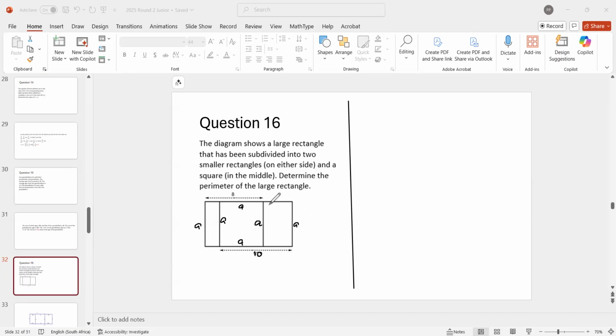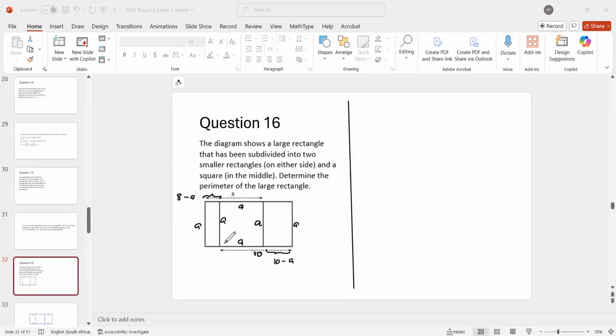So now we know this part here is A, and the whole thing from here to here is 8. So this little piece here will have to be 8 minus A, because if you add these two, you're going to get 8. Likewise, this little piece here, the whole thing is 10, and this is A. So this is 10 minus A.